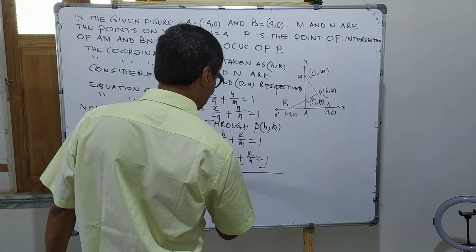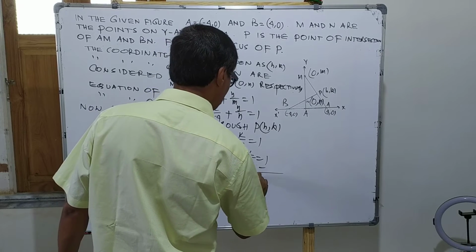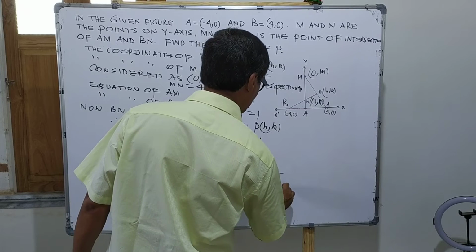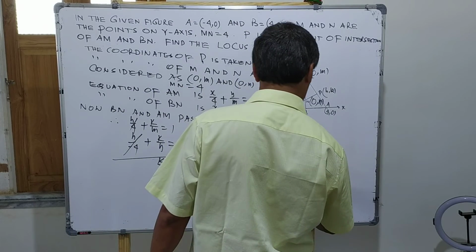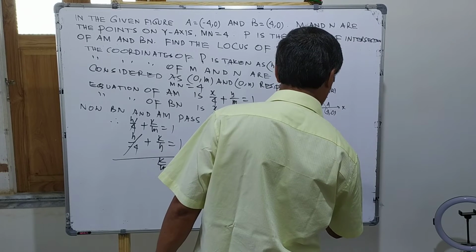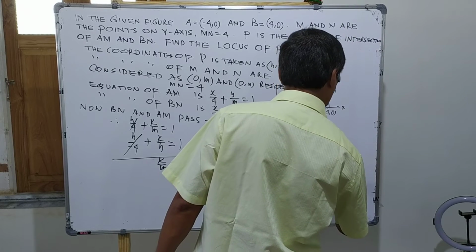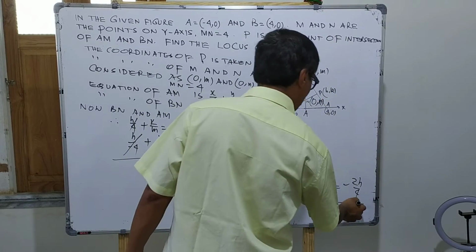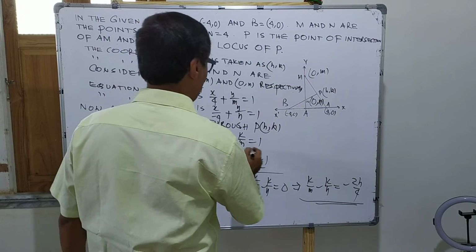So this is 2h over 4 plus k over m minus k over n equal to 0. This implies k over m minus k over n equal to minus 2h over 4. Now we have got two equations.